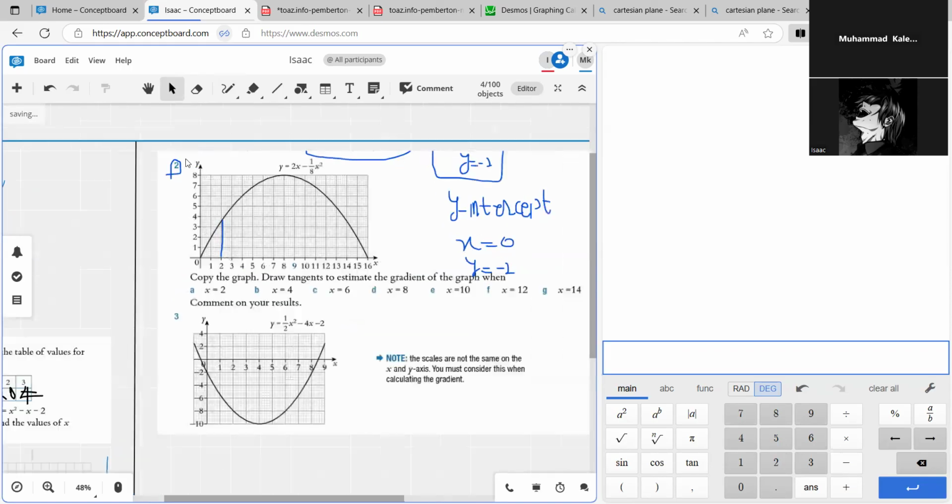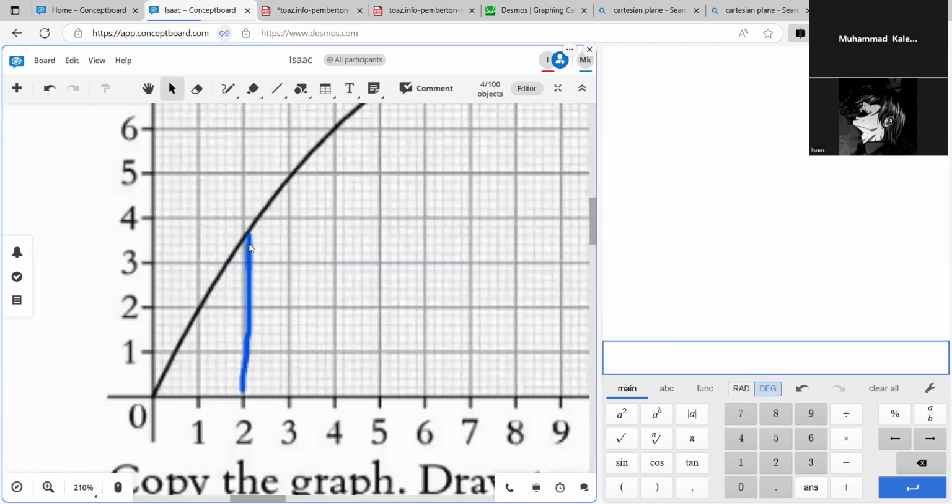So when x is equal to 2, at this point, we have to draw a straight line, like this. At this point, we draw the tangent.